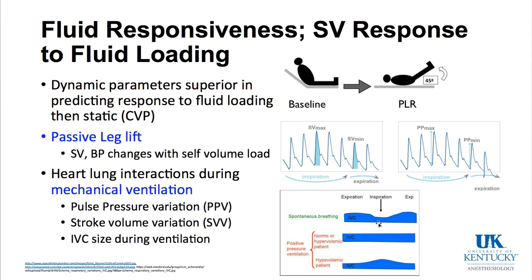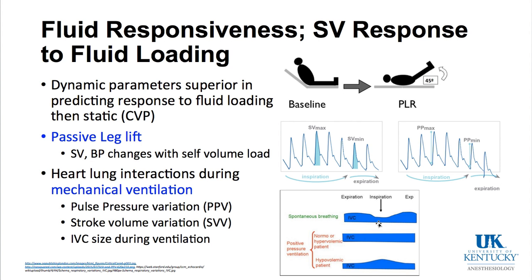Inspiration favors return of blood to the heart. So if you sniff, for example, or take a big negative pressure breath, and you're looking at the IVC on ultrasound, you will see it get smaller during inspiration.